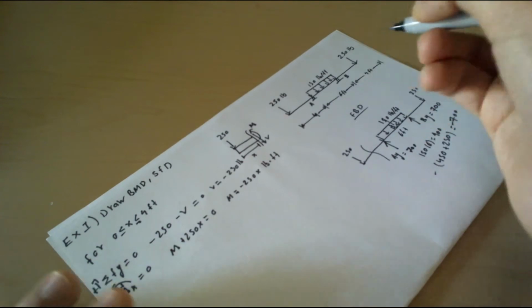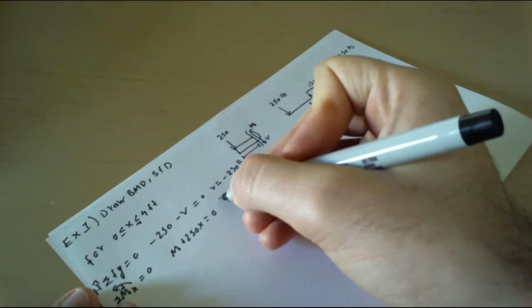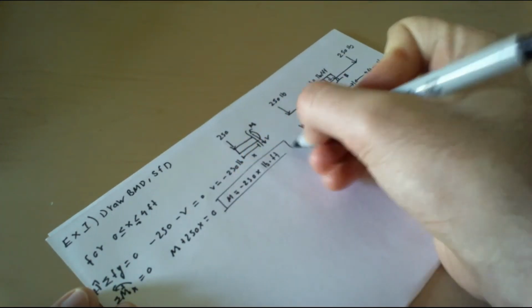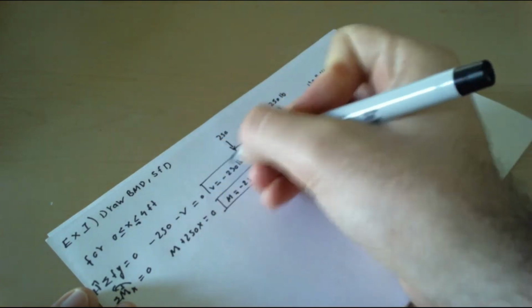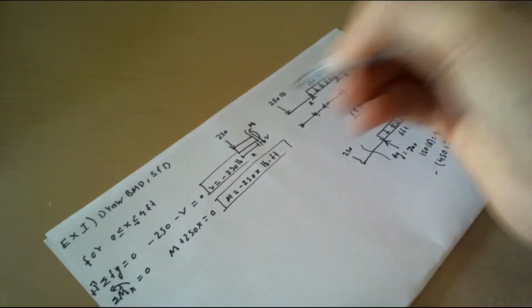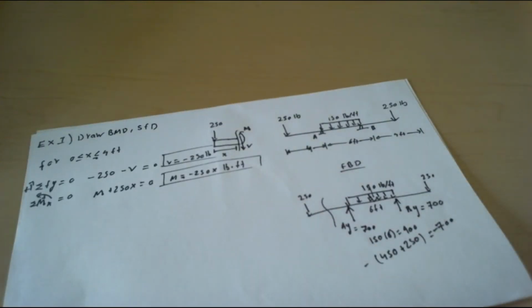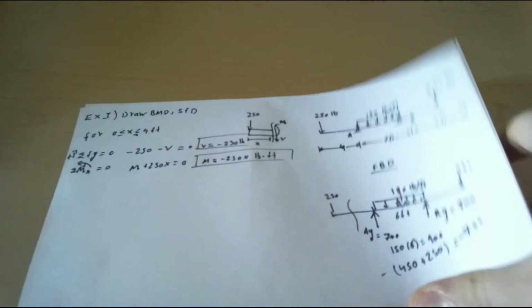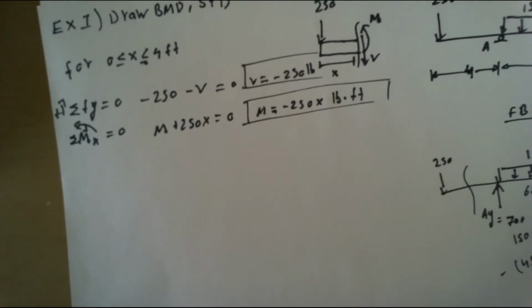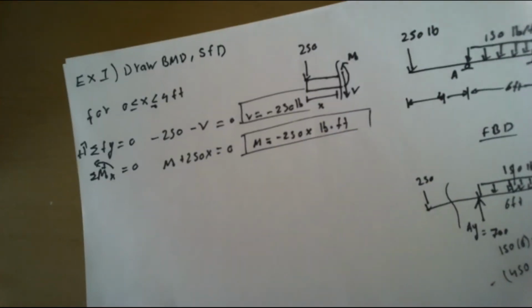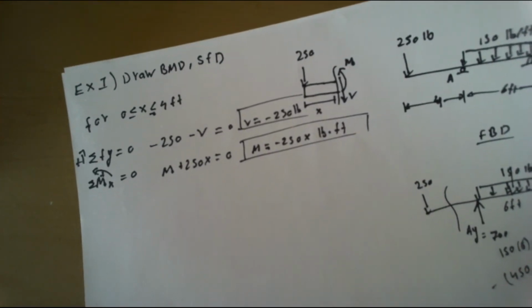So for 0 to 4, now we know both moment and V. The shear force V is constant throughout, but for moment, what we can do is plug 0 and 4 into the equation, and we get the exact numbers for our bending moment diagram.